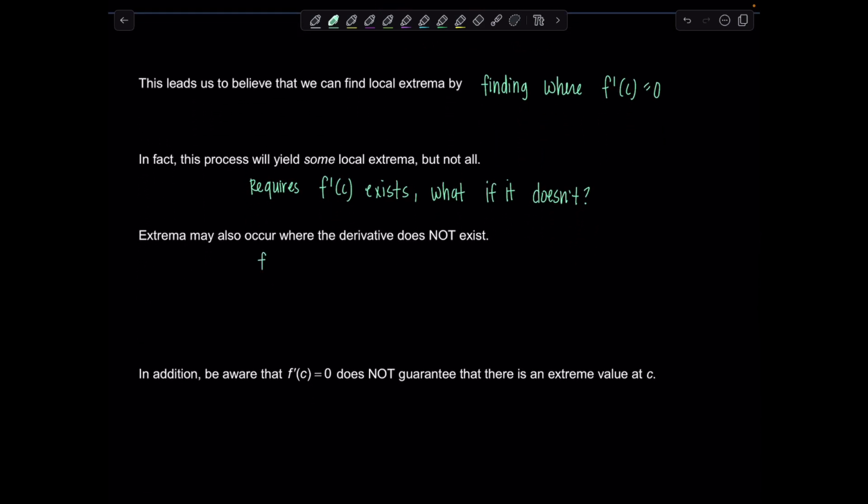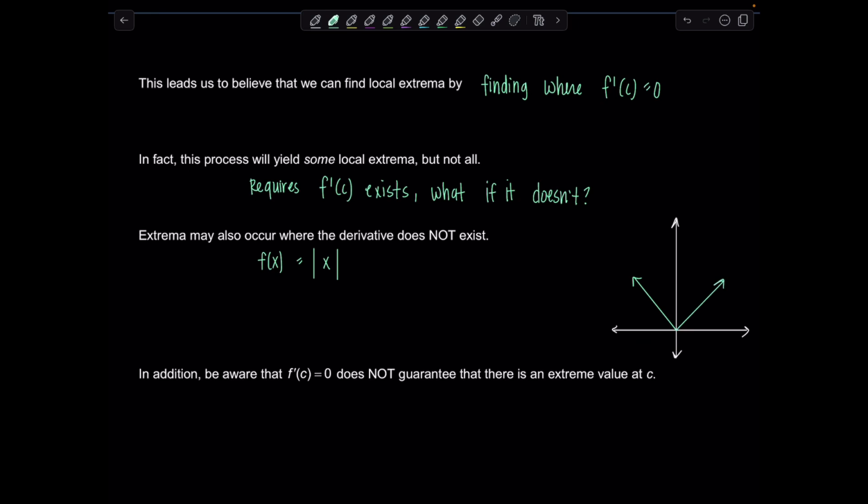What's a very famous function that has a point where it's not differentiable? Absolute value of x. Do you remember what the shape of it looks like? V shape, right? Good, good, good. Okay. Absolute value of x. This is a crude little graph, but it will get the job done.